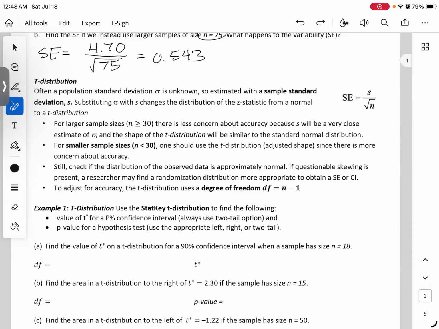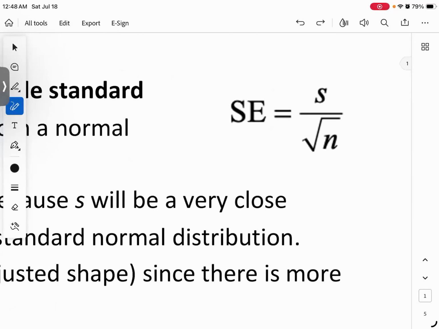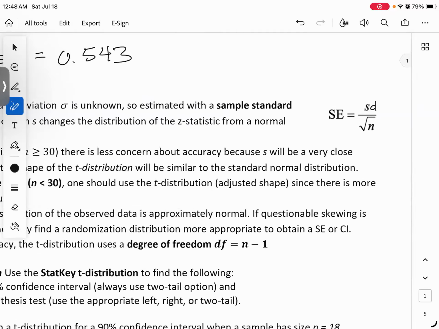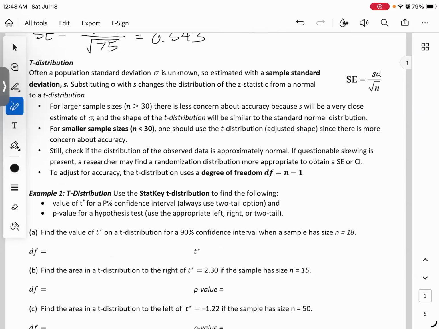And actually, the individual who came up with it is William Gossett. He's also famous for working for Guinness Beer. But the T distribution, and again, you can see there's quite a bit here, but I want you to mainly know that it's the same little formula. The S there is just standard deviation, so you can leave it as S or SD. But you primarily use the T distribution, which has an adjusted shape, whenever your sample sizes are smaller.